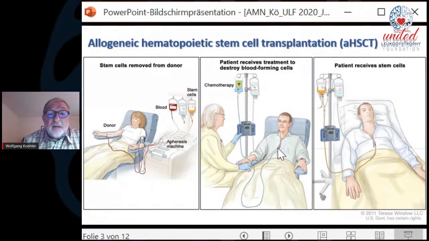In the meantime, the patient needs to be prepared for this donation. And this is part of the problem, but we have to destroy the blood-forming cells in the bone marrow of this patient, and open a space that we can use then for the new stem cells, which are simply injected from the donor into the patient.